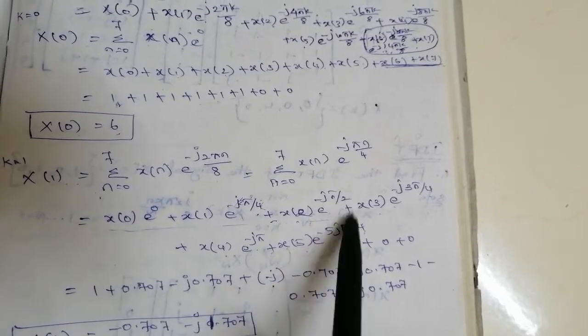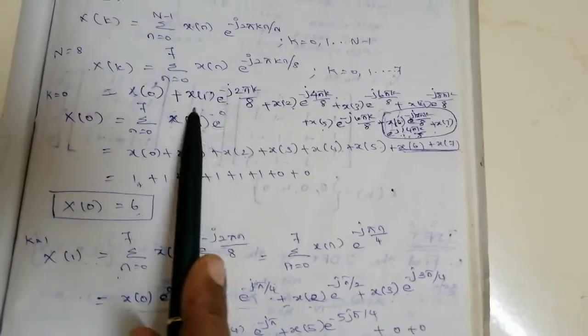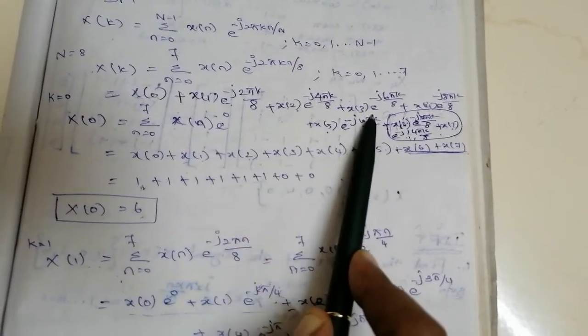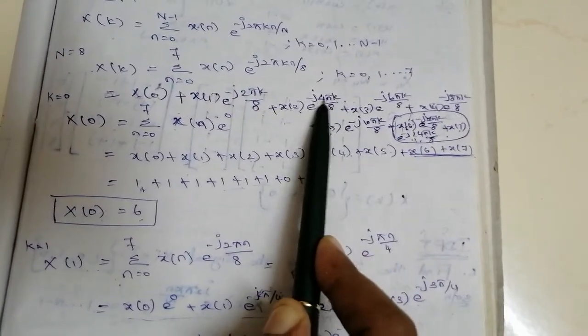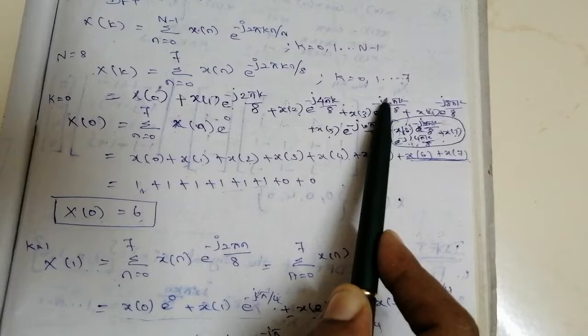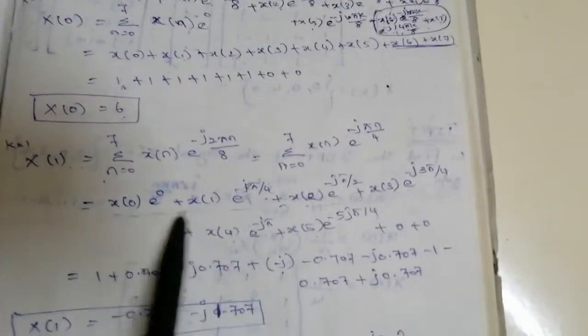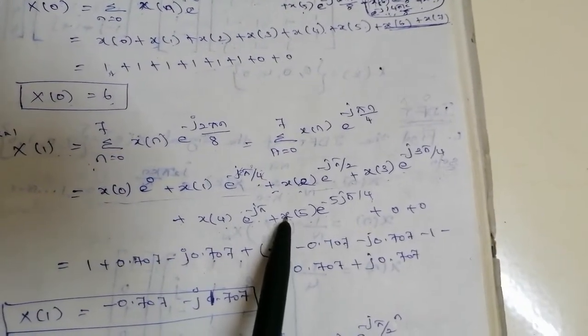This is nothing but substituting k value equal to 1 from that equation, multiplying it with these numbers, then cancelling and simplifying the terms, we get this equation.